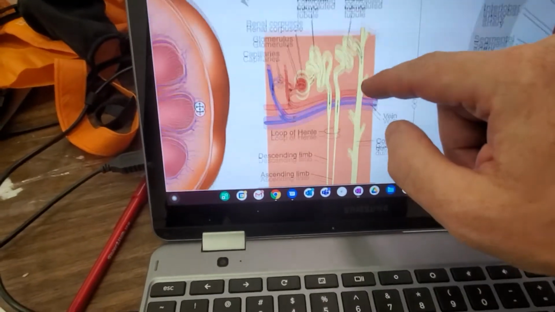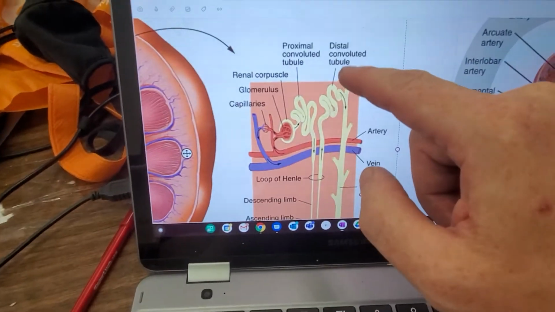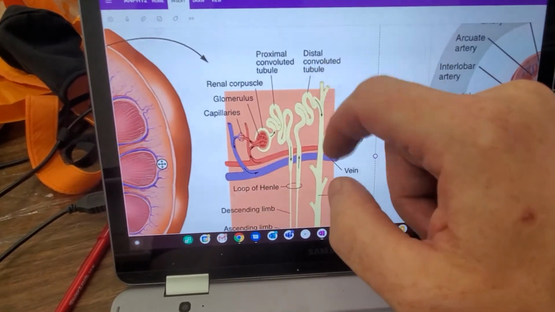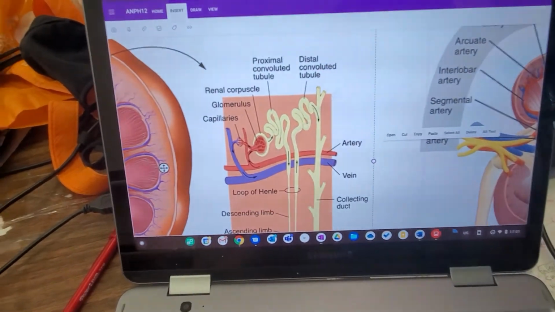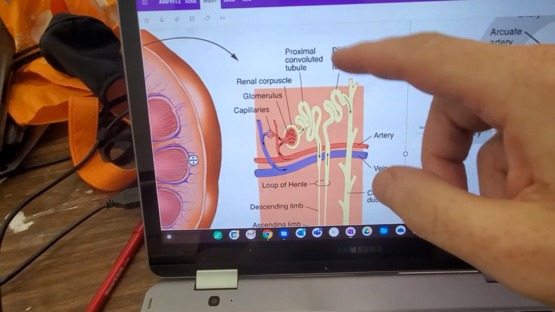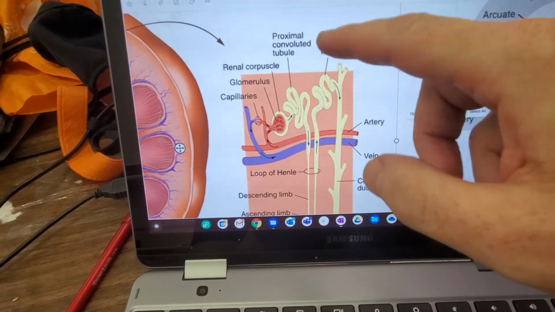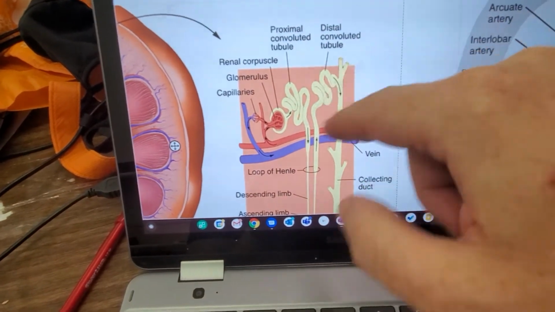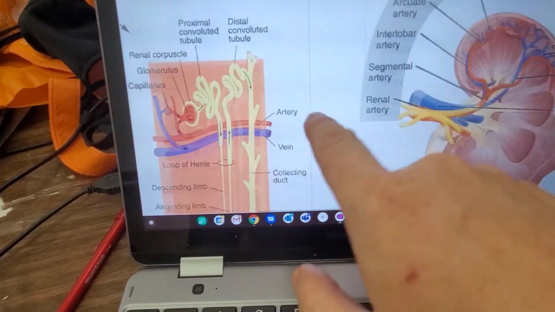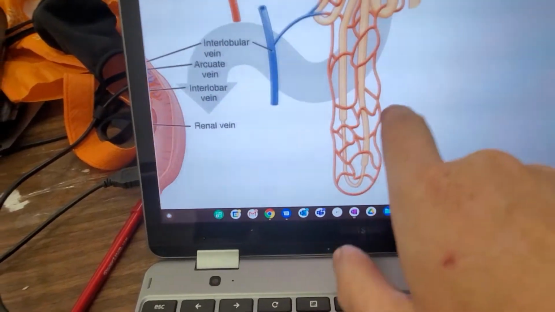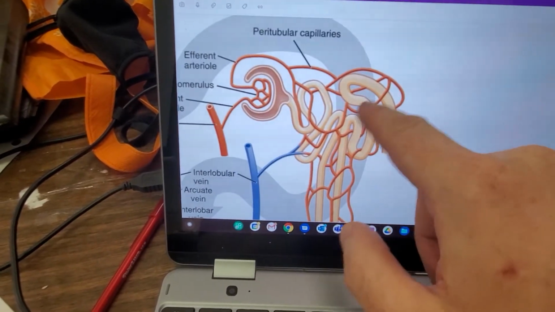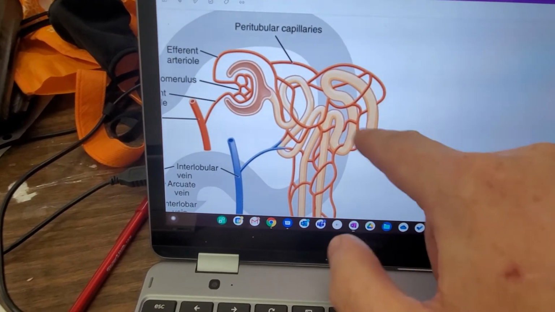And then it continues up here. This is the distal convoluted tubule. What happens here is you've got acid, hydrogen, and bicarbonate coming in and out. And remember there's the peritubular capillary network, blood vessels all surrounding this.